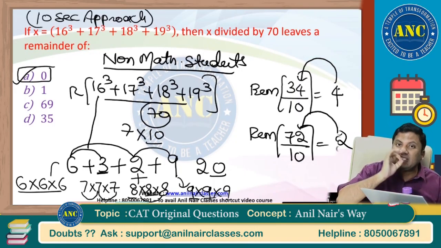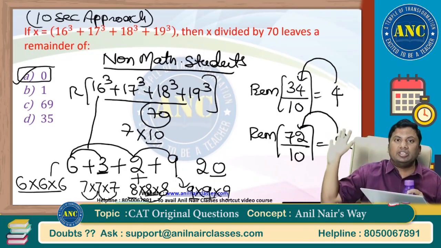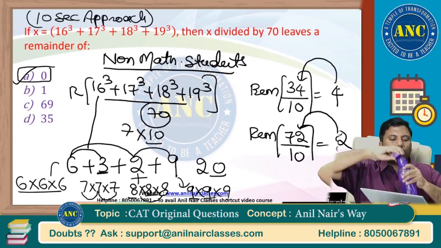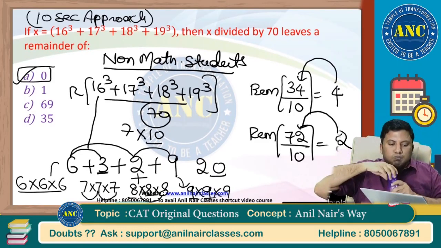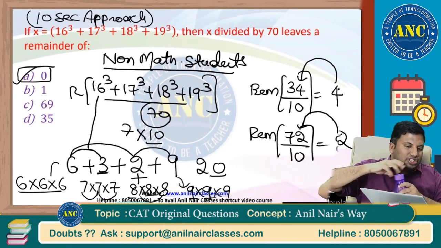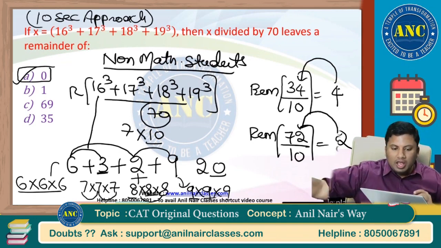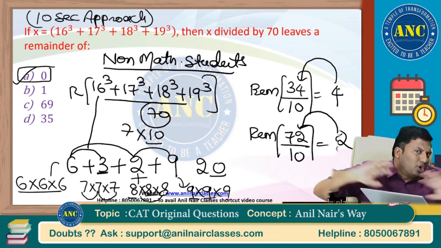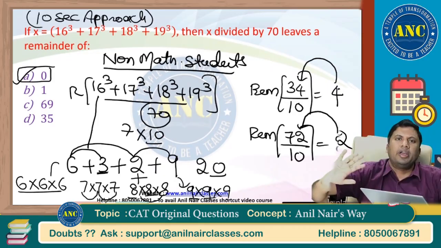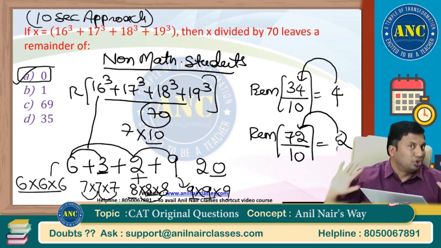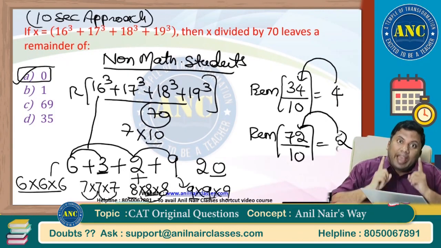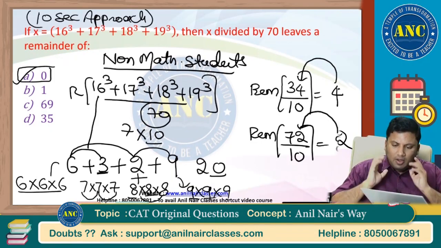This is an exact CAT question without change in answer options. How to solve it? Forget about the formula based approach. If you know it, that is good. But even if you do not know it, you can crack the CAT question in 10 seconds. What is the idea?